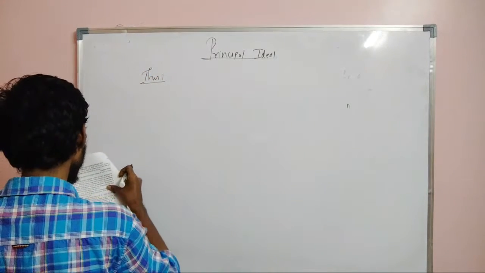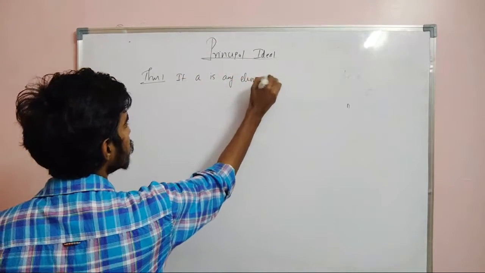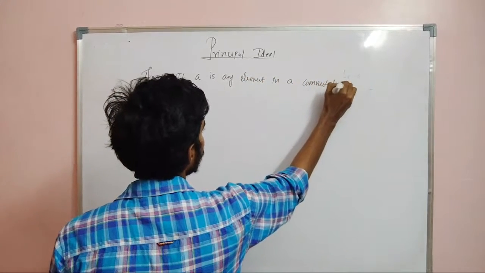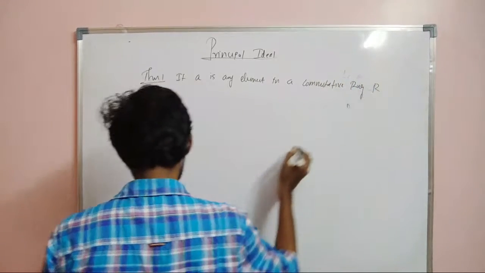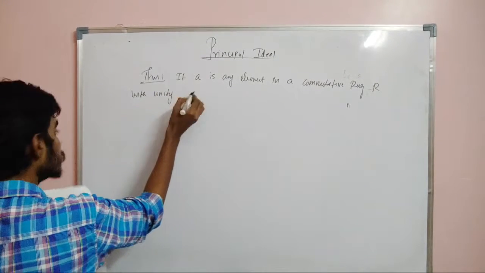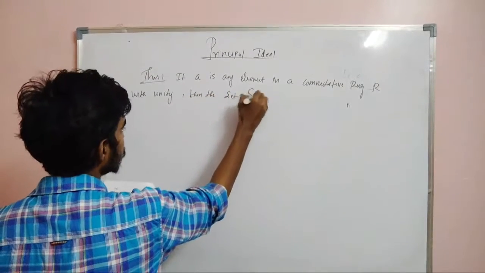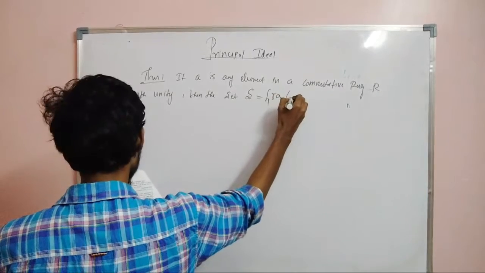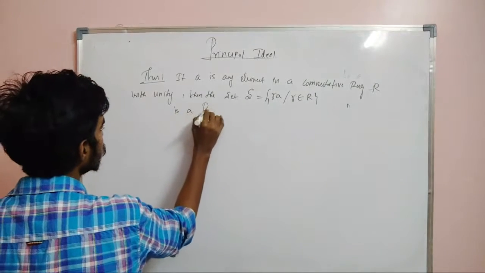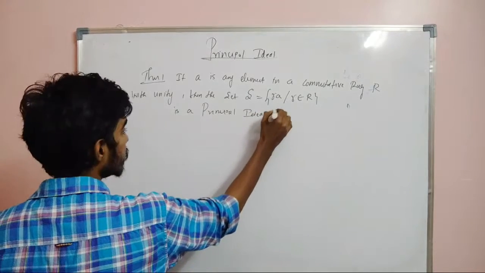If a is any element in a commutative ring R with unity, then the set S = {ra : r belongs to R} is a principal ideal generated by a.